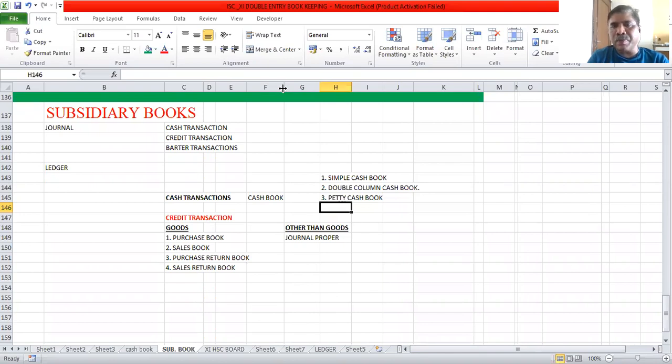So hardly some amount will be paid, 10 rupees, 20 rupees, 50 rupees. That will not be paid by the main cashier who is handling the whole cash of the organization. One person will be appointed to look after that. That means we have three types of cash book to study: simple cash book, double column cash book, and petty cash book.